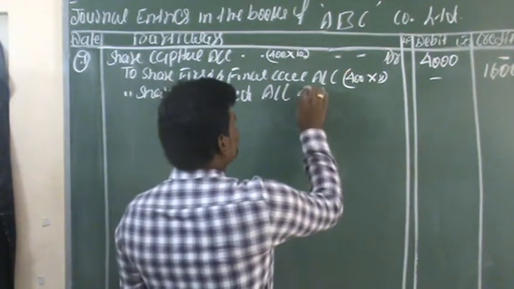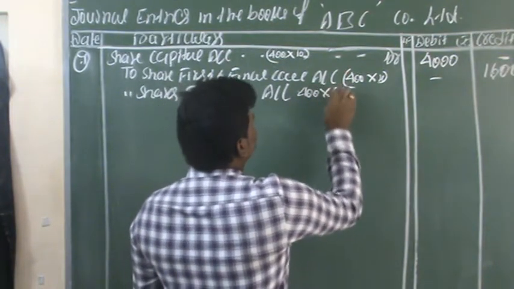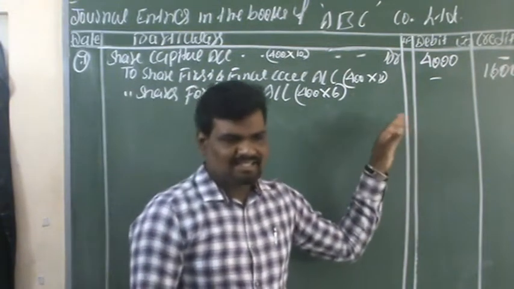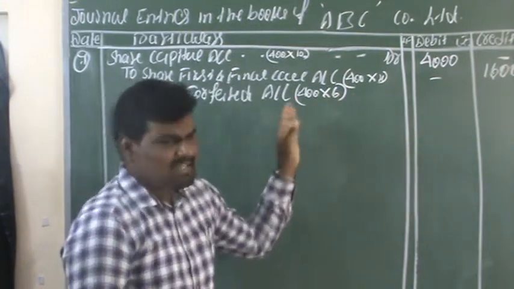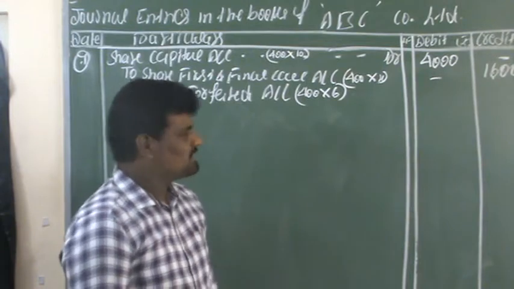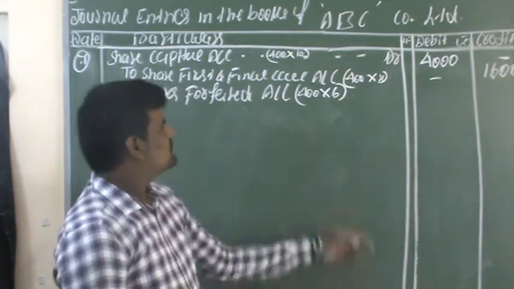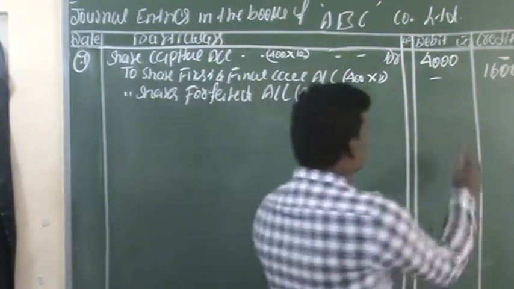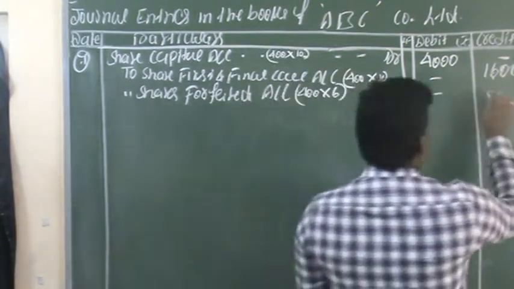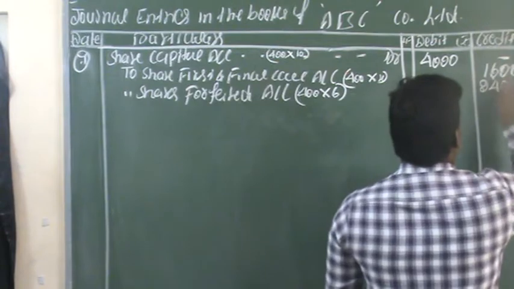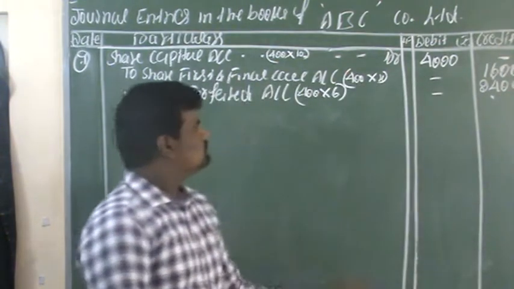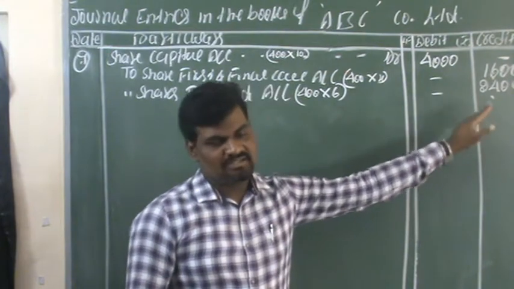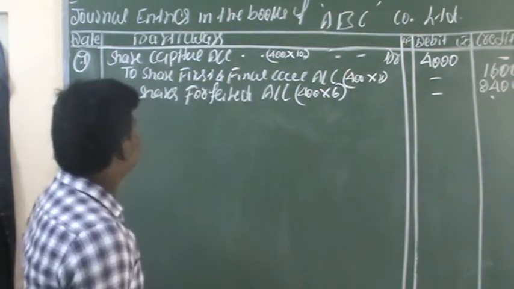So these 400 shares into 6 per share is the paid up capital the company has already received. 400 into 6 means 2,400 rupees. This is the 7th entry.